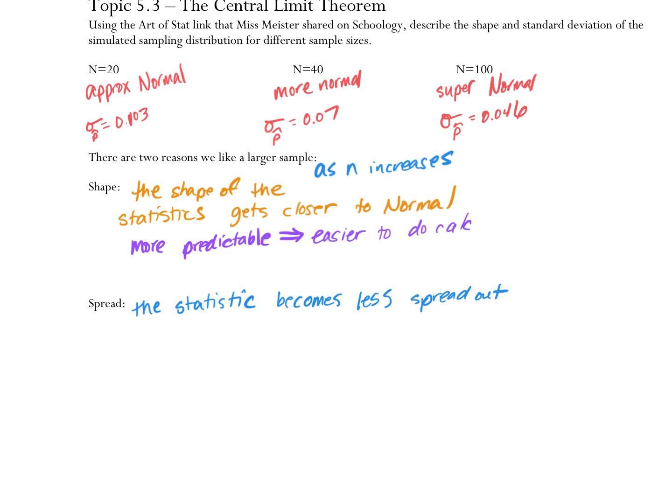And here's what I mean by that. We have normal CDF. We have inverse norm. We can do a lot more with a normal graph than a not normal graph.